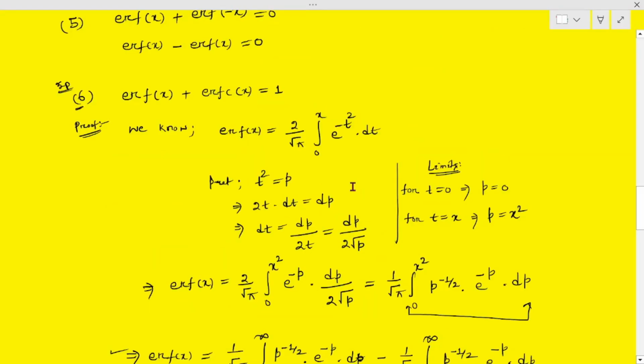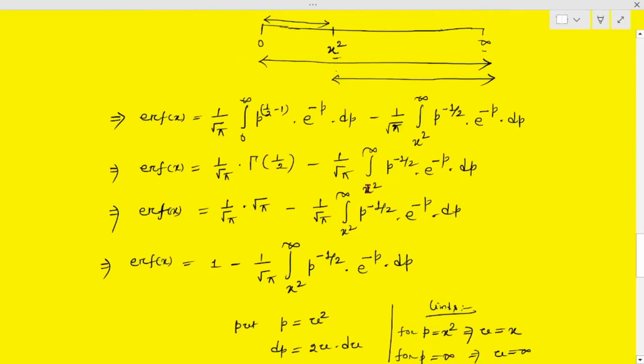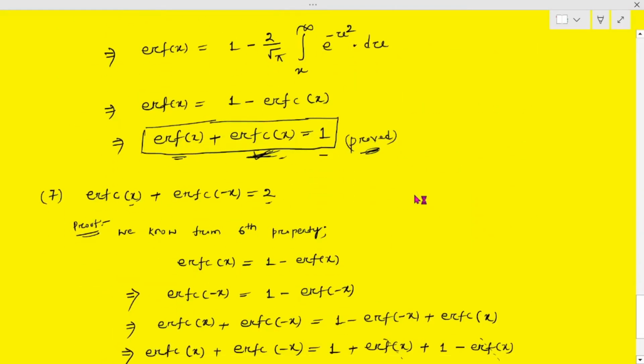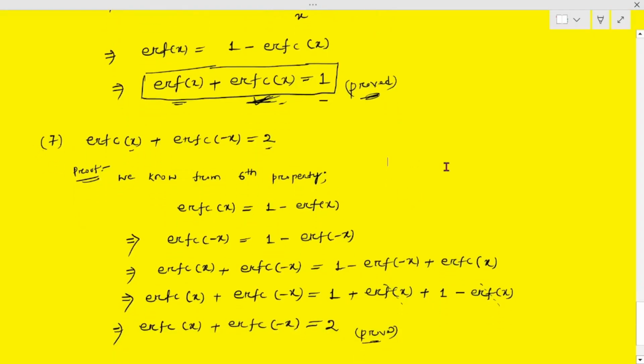Now we are going to go for our next property or characteristic, that is the 7th one. Here complementary error function of x plus complementary error function of minus x equals 2. Here the proof starts. We know from the 6th property that complementary error function of x equals 1 minus error function of x. So error function of x plus complementary error function of x equals 1.